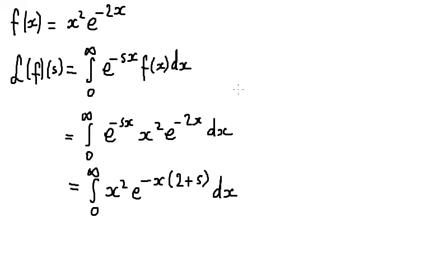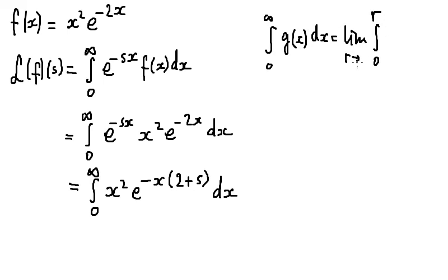The first thing we want to do here is to remind ourselves what an infinite integral is. The infinite integral from 0 to infinity of some function g of x dx is defined as the limit of the definite integrals from 0 to r, as r goes to infinity, of g of x dx.